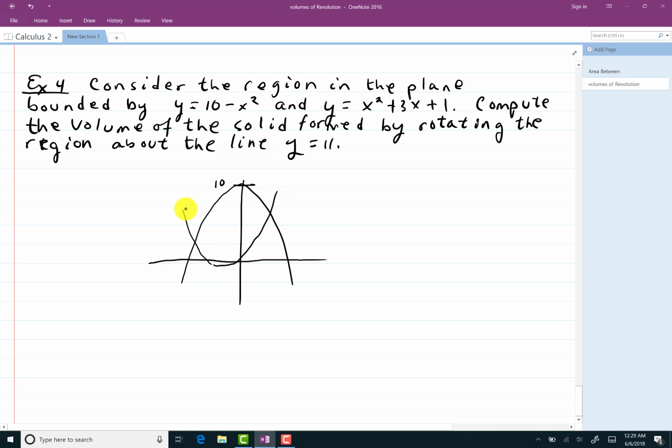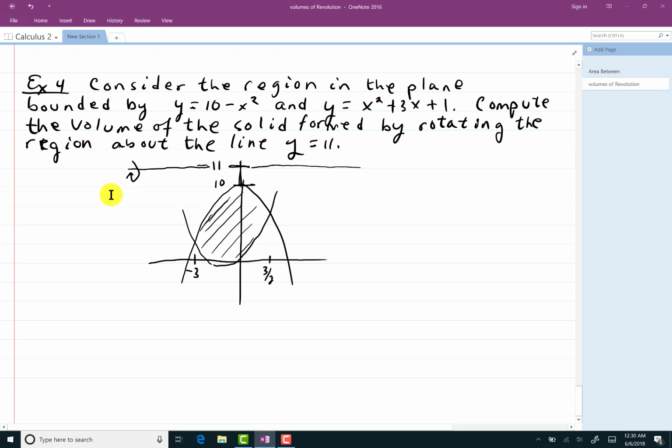The lower limit was -3, and the upper limit was 3/2, and this is the region right here. Now we want to revolve that, or rotate that, about the line y equals 11. So this is our axis of revolution.